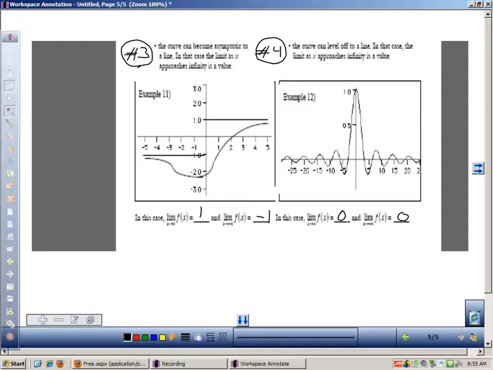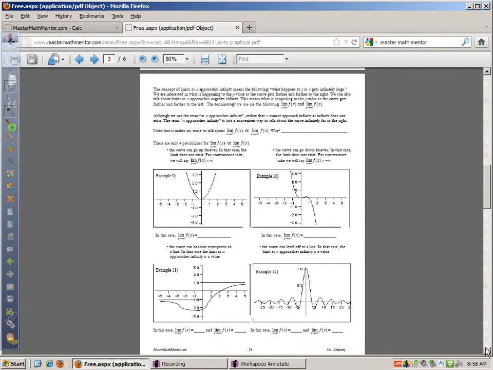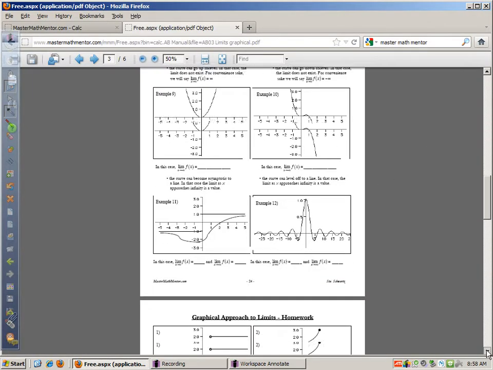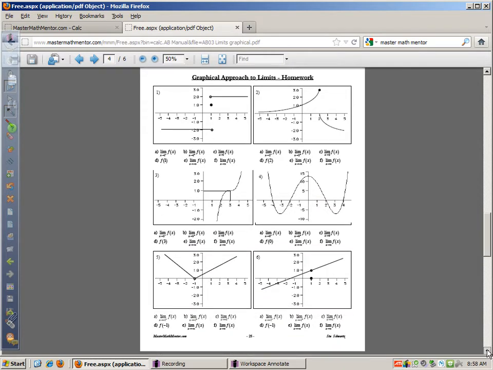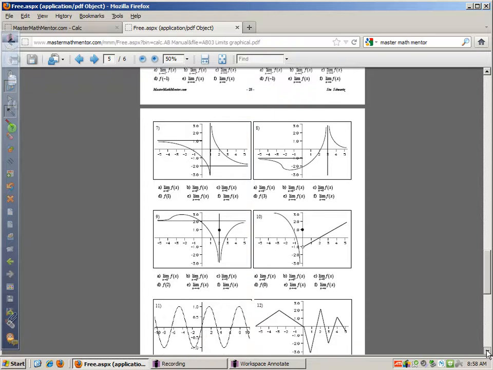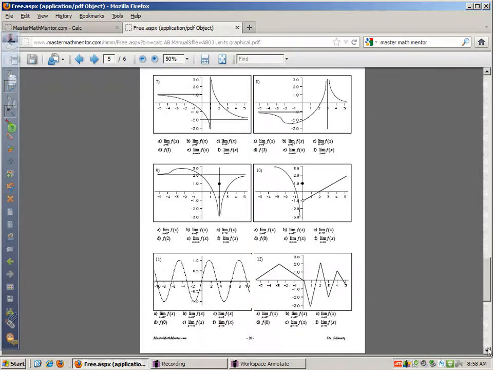So let's look at a couple of examples of these. Is that the page you guys have? No? That one? Okay. So let's look at these.